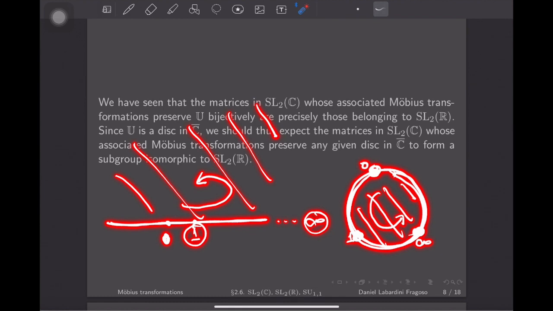So in other words, what I have just done is, given two disks in C bar, I've told you pretty much all the possible ways of mapping one to the other with a Möbius transformation.